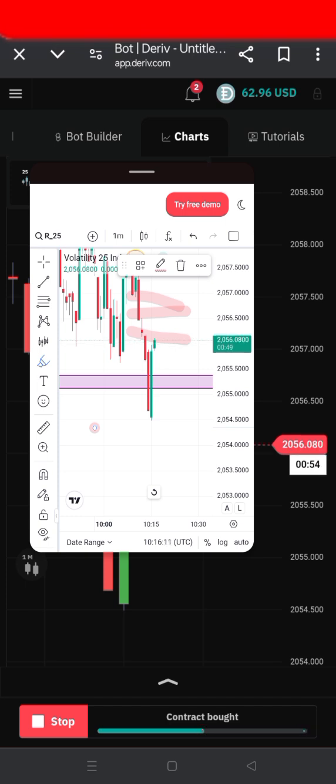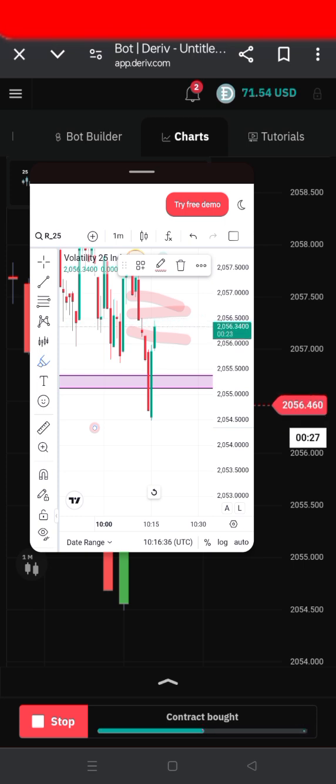They give you the confidence that the market will surely go up to fill those inefficiencies. We are at 62.96 USD, so I'm aiming that before it tries to fill those inefficiencies, we will already have scooped our 10 USD and got out of the market.